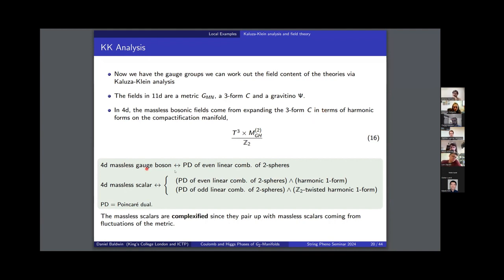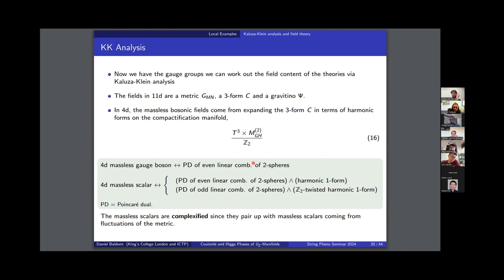We get massless gauge bosons from any harmonic 2-forms and massless scalars from any harmonic 3-forms. The number of harmonic 2-forms depends on the number of Z2 invariant linear combinations of 2-spheres on this Gibbons-Hawking space. Depending on which Z2 action we choose, we get different numbers of massless scalars and gauge bosons in 4 dimensions.